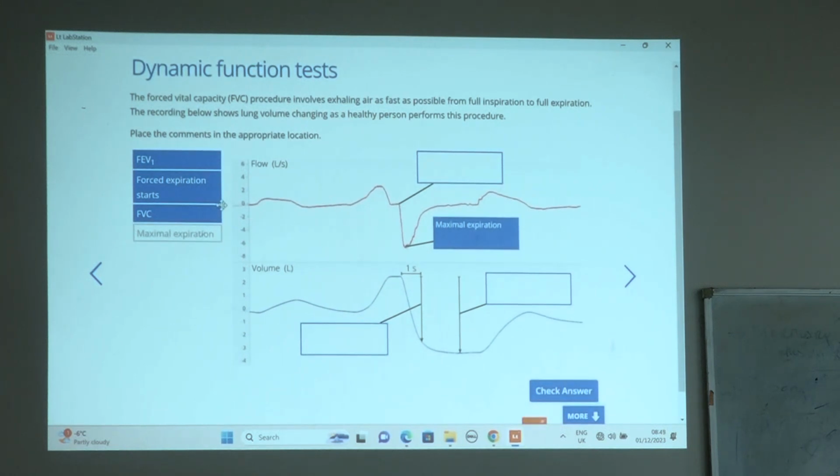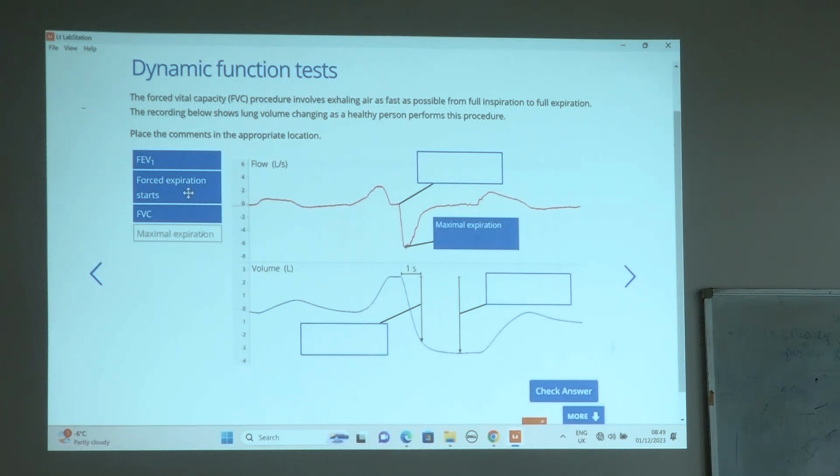Now let's assume we have asked our volunteer to breathe from the tidal volume level and expire as much as he can. So we have asked him to expire as much air as he can from the lungs, from breathing in and out, and asked to expire further.